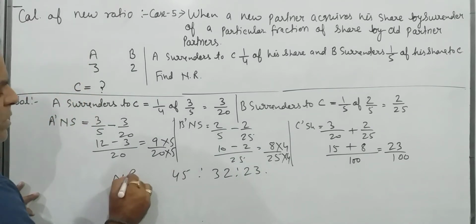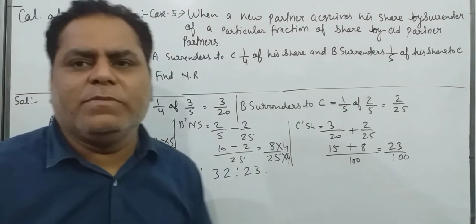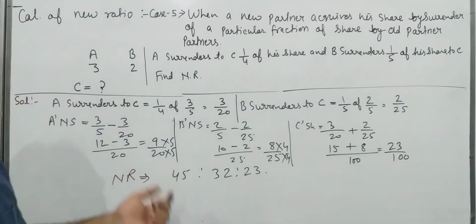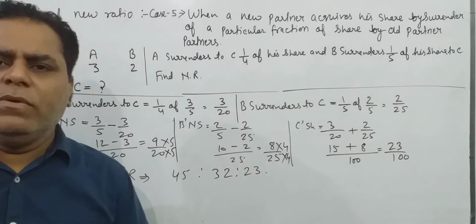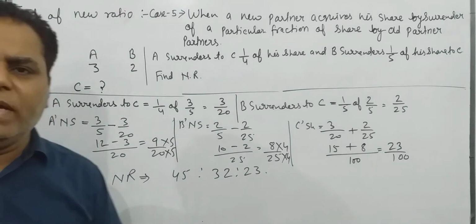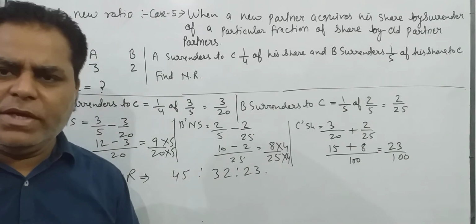This is the new share of A, B and C, and this is the explanation of case 5. Now I am going to give you one example for case 5. Do practice on the basis of my explanation. Okay.